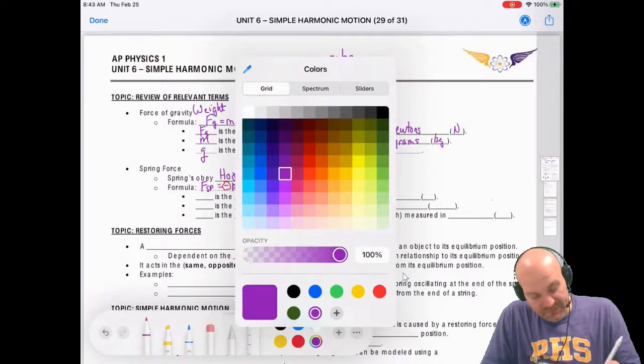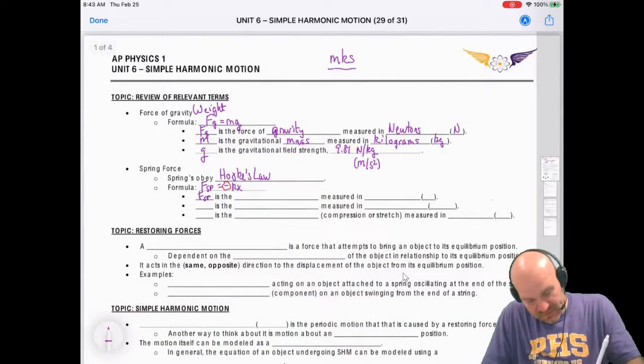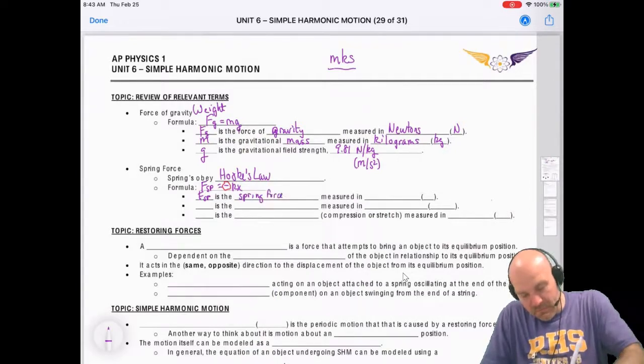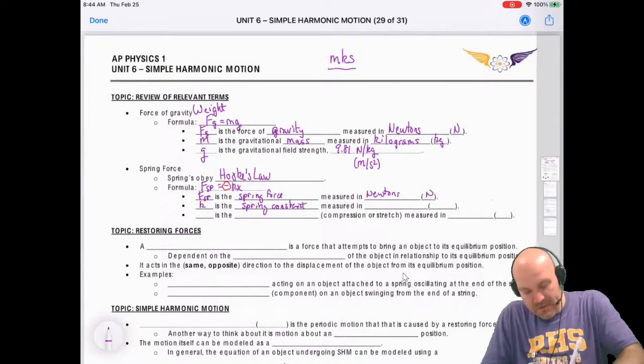And so F sub sp, that is our variable for spring force. Again, it's a force, so it's going to be measured in newtons. k is the spring constant, or sometimes referred to as the force constant. This is going to be measured in newtons per meter.